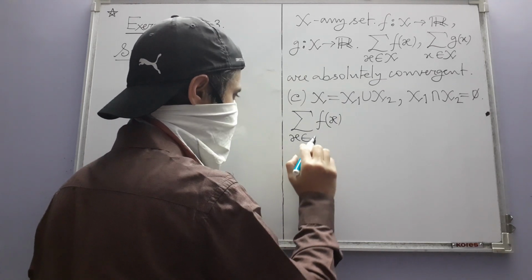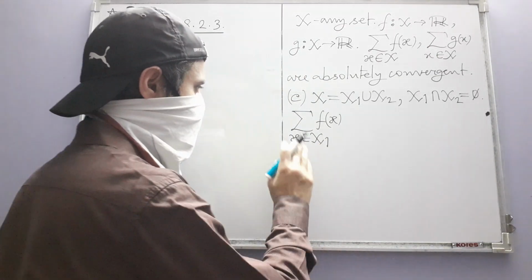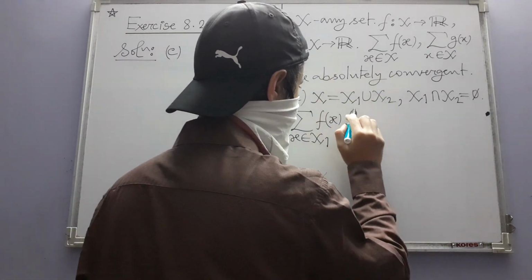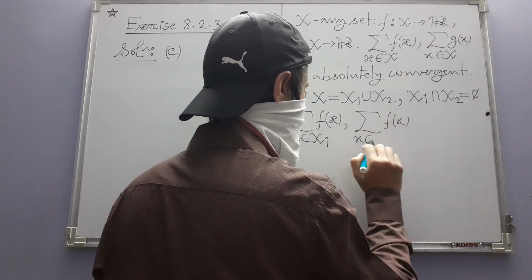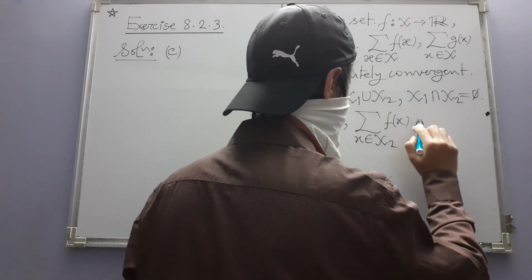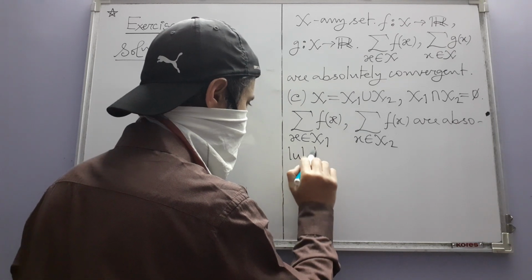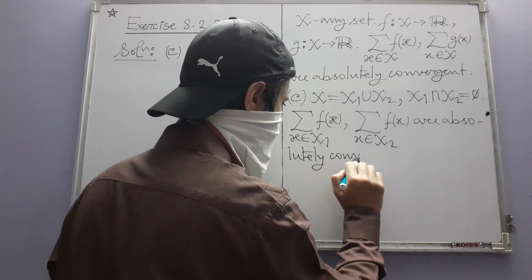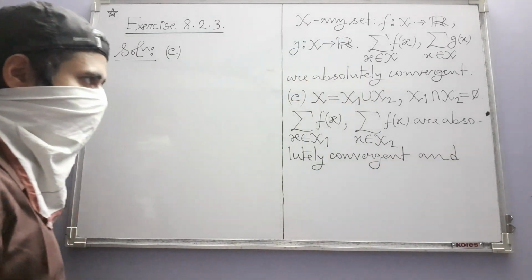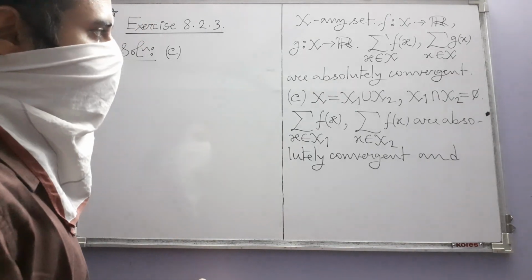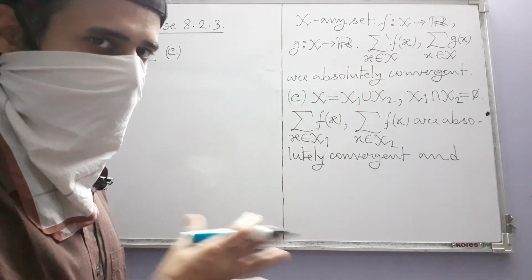Both of them are sums of f values, but now the sets are different, X1 and X2, not the entire X. They are absolutely convergent. So that means they will have values, and their values are linked to the value of this original sum by this formula.